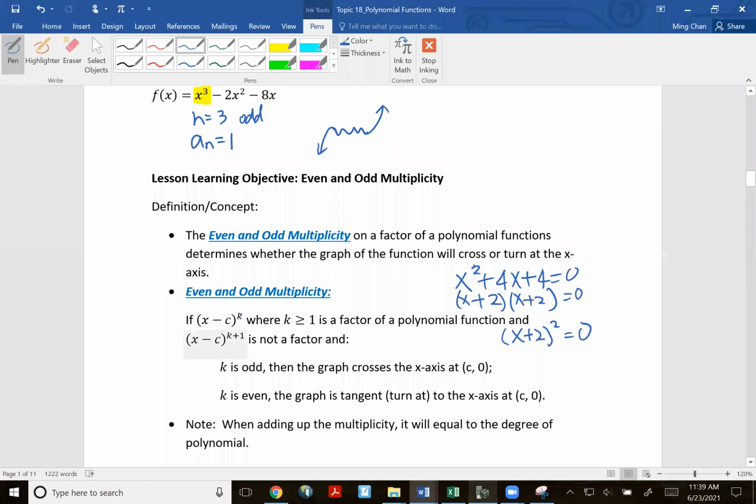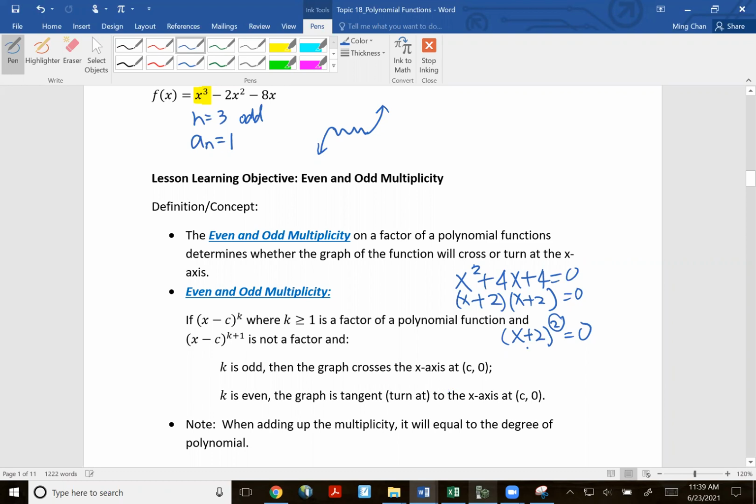If your polynomial is factored, where the exponent k right here is bigger than 1, okay? If this thing is a factor of a polynomial function, and x minus c is not a factor, and it's not another one. If k is odd, if this exponent is odd, then the graph will definitely cross at the x-axis.